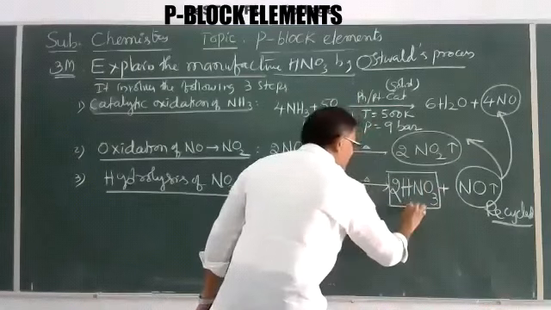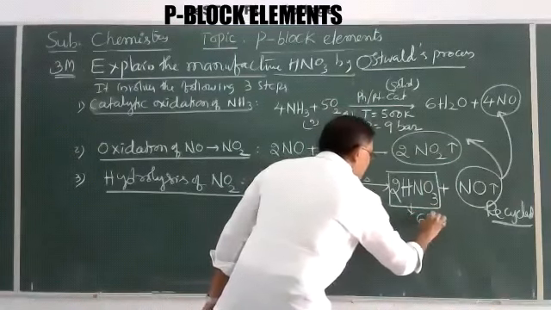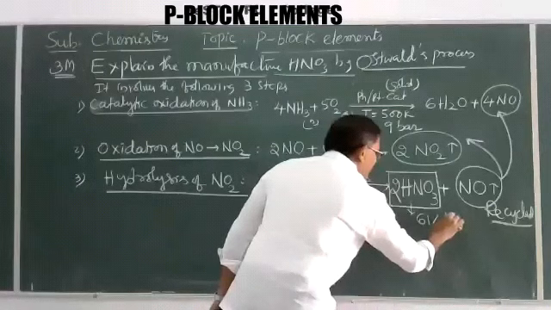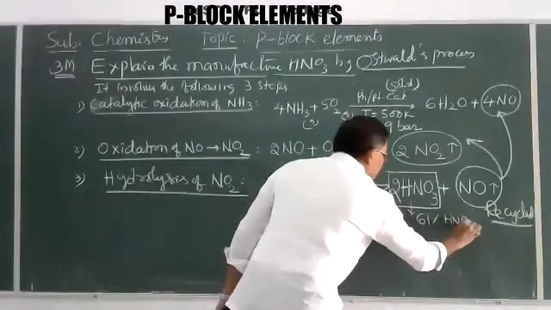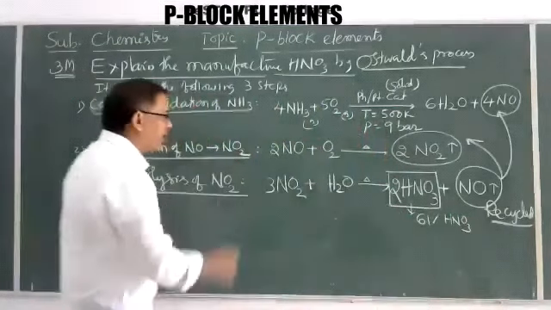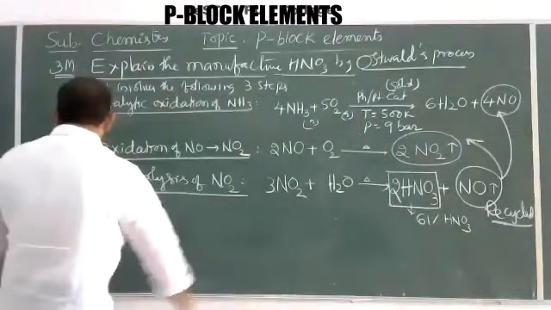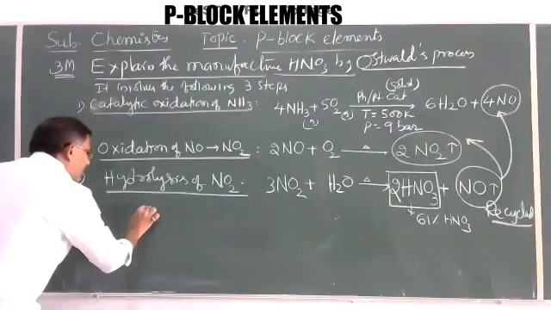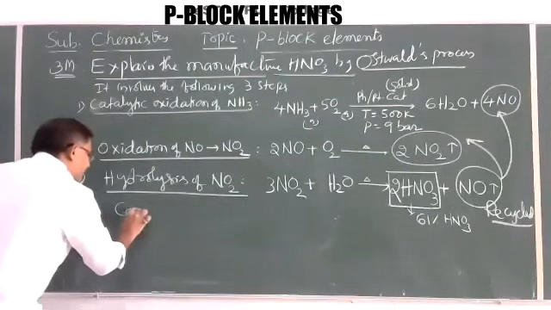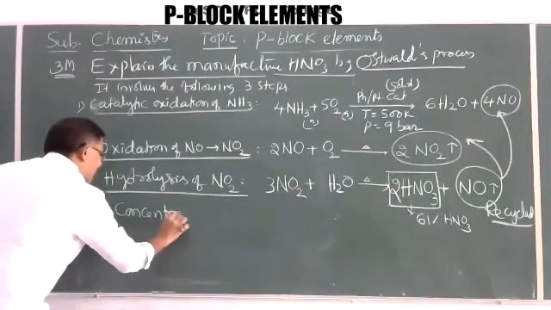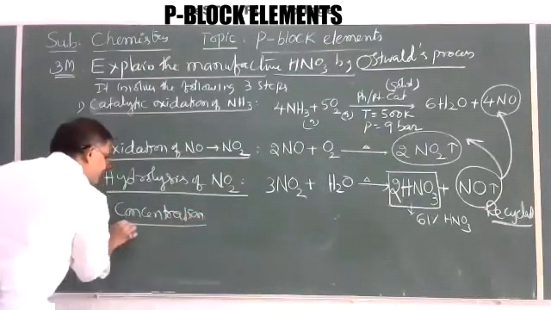The obtained nitric acid is 61% HNO3. A very, very important point is the concentration method at the end. No need to write it in PU for 3 marks, only these 3 steps are enough.